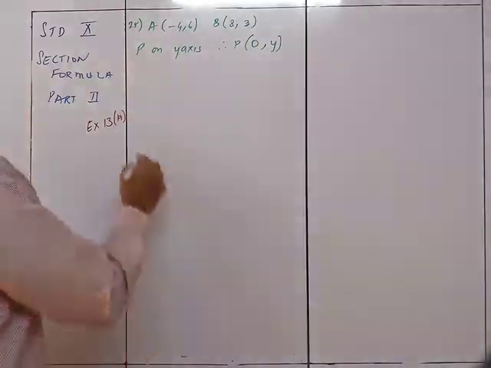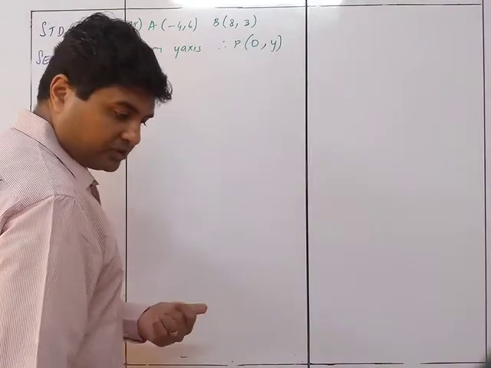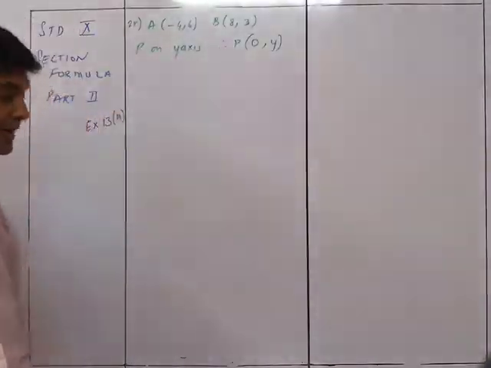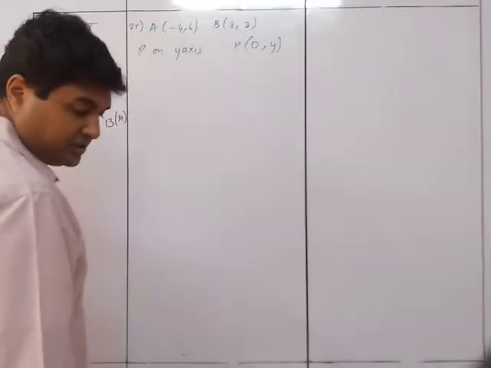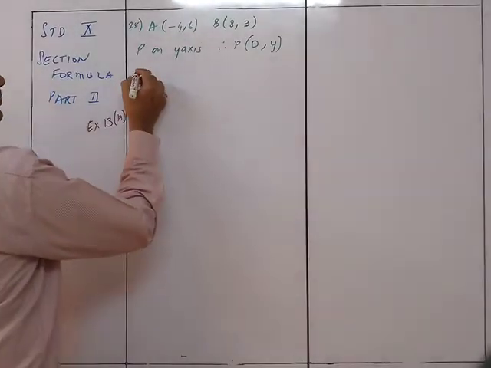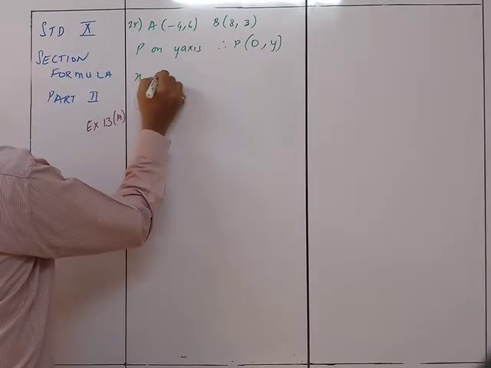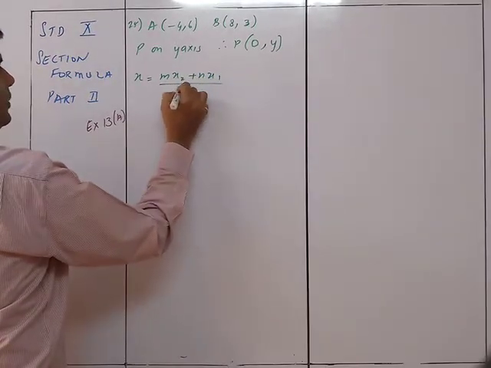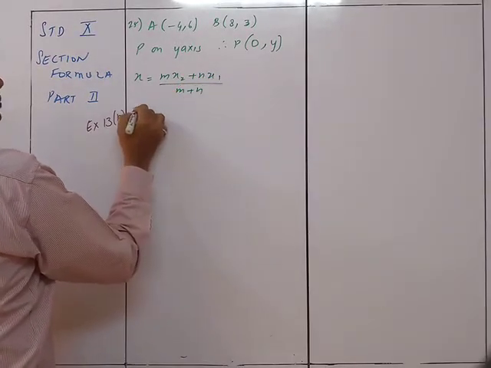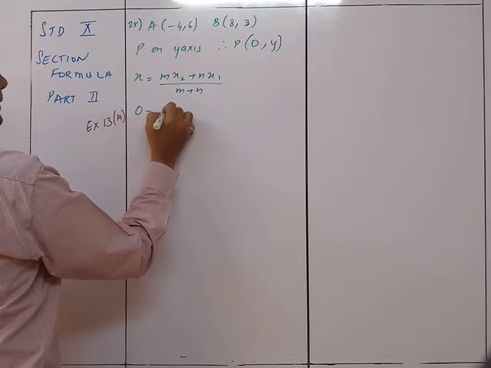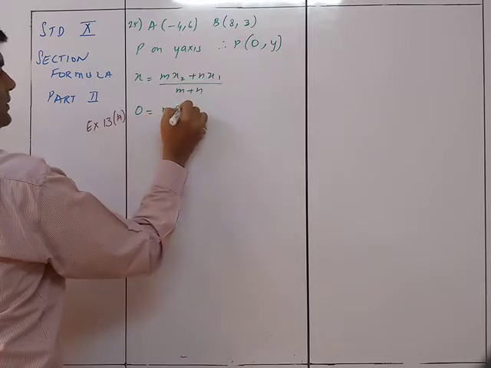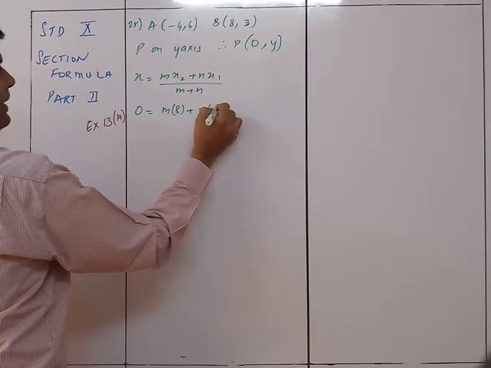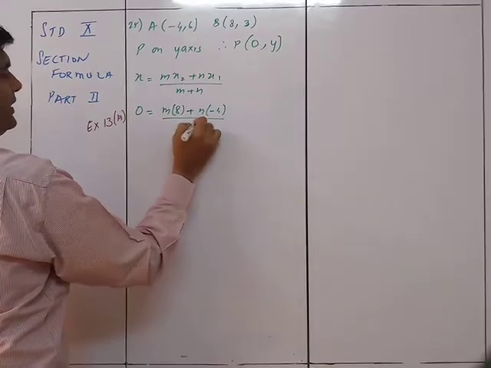Now we have to find out first the ratio, then the coordinates of P, and then the distance. So first, x equals (m x2 plus n x1) upon (m plus n). So 0 equals (m into 8 plus n into minus 4) upon (m plus n).